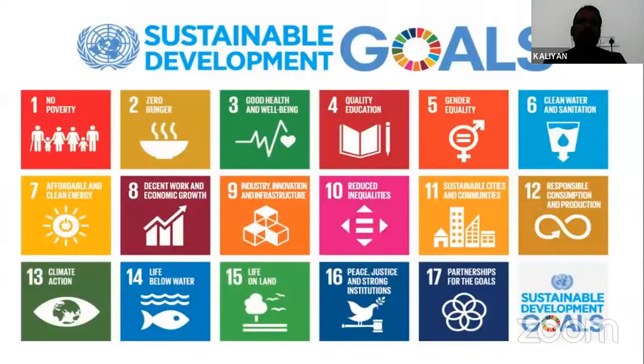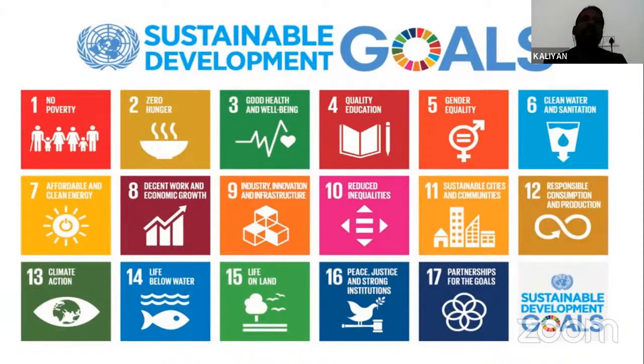And the 17 goals. Number 1 is no poverty. Number 2 is zero hunger. Number 3 is good health and well-being. Number 4 is quality education. Number 5 is gender equality. Number 6 is clean water and sanitation.